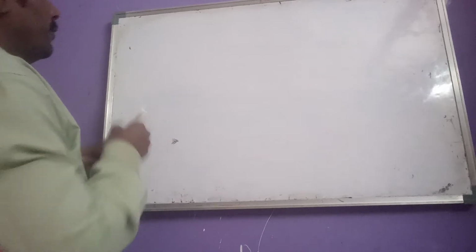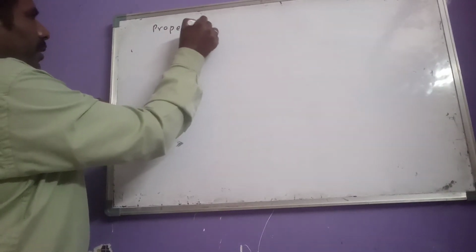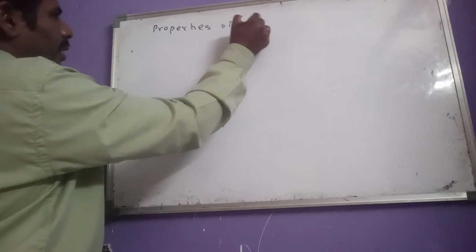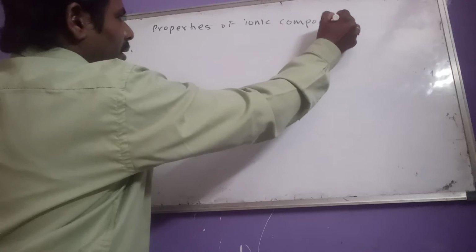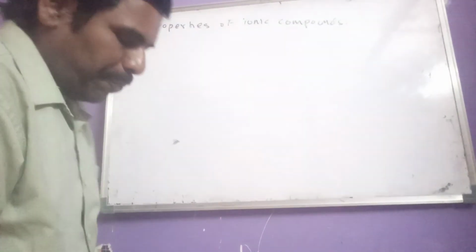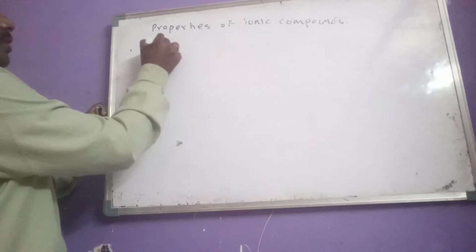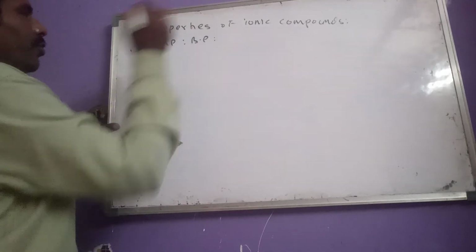Then let us see the properties of ionic compounds. So what are the properties of ionic compounds? Let us see here. The first one is melting and boiling point values.